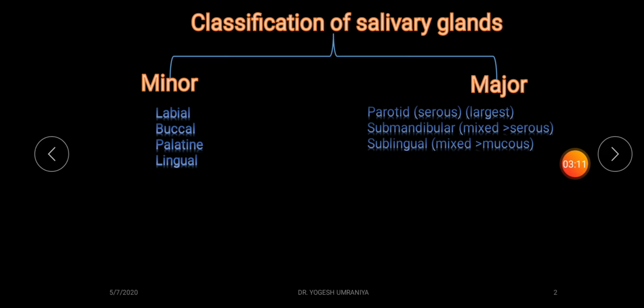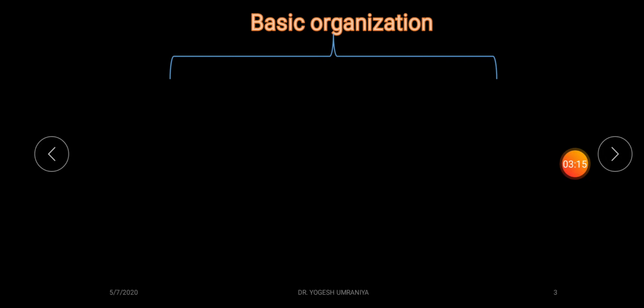In the next slide we will see the basic organization of the salivary gland. Now in any salivary gland, the most outer region is covered with a connective tissue capsule, and from that capsule there is emergence of various septa, that are traveling towards the central substance of the gland and ultimately dividing this whole gland into various lobes.